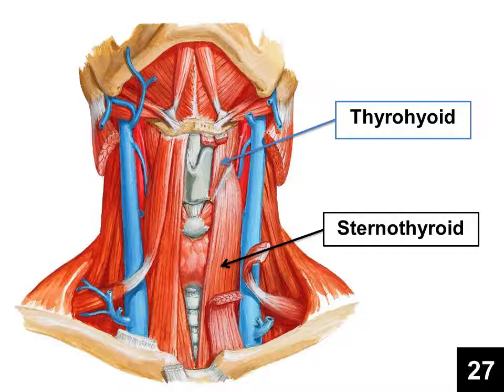Nerve supply, we said C1 through hypoglossal, like the geniohyoid. We said fibers from C1 pass and enter the hypoglossal nerve but leave the hypoglossal nerve through one, the superior root of ansa cervicalis, two, C1 to geniohyoid, and three, C1 to the thyrohyoid.